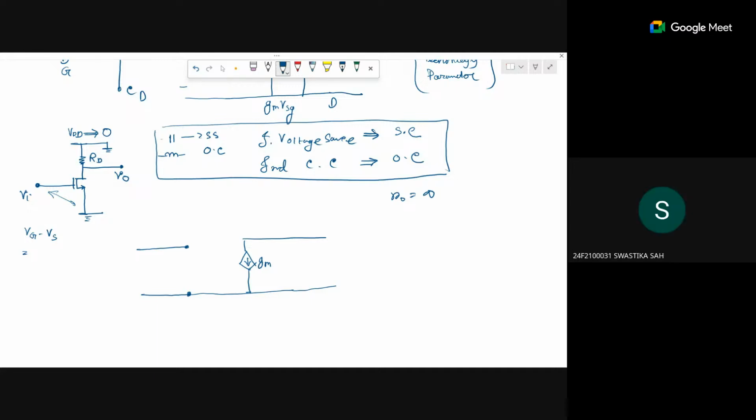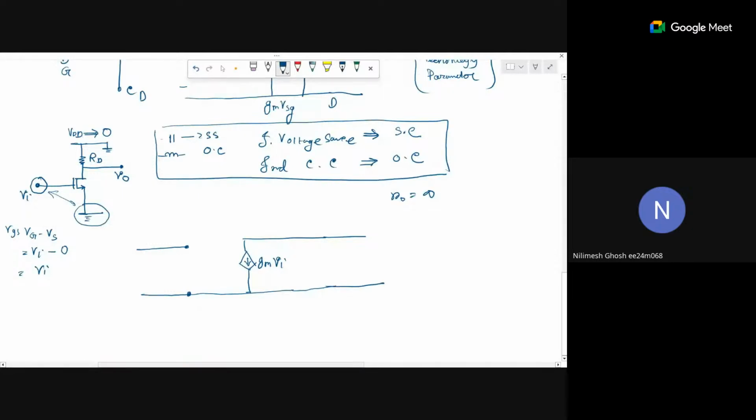The voltage at the gate, which is given: that is Vi. And what is the source voltage here? It is grounded, it is zero. So what is VGS? Vi. So this is gm Vi.